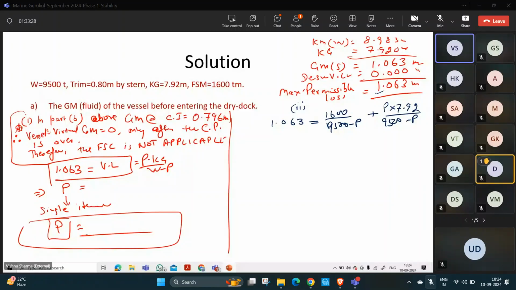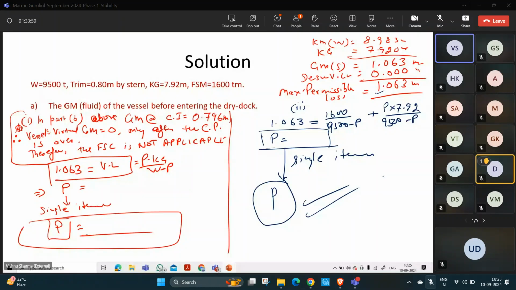Because when I do not know at which stage she is going to be unstable, I can pretend I don't know. I don't want to keep it independent. Never mind. So in that case, I will get P again, because then I'll apply the FSC also. Then I'll do single iteration as we did in question number 2 and find another P, and then we'll close out the question to get the draft and the depth. I have done it this way.